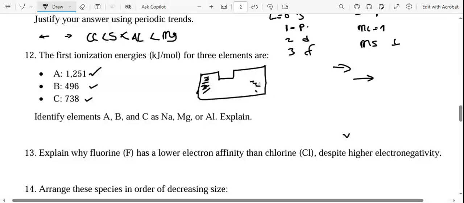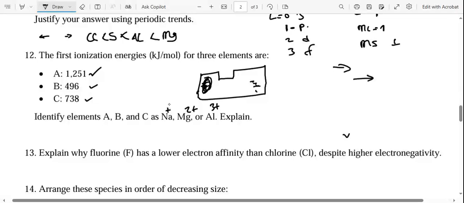This side is lacking electrons, but these side ones need an element of group 1. So the way we tackle this: if you check on the periodic table, aluminium is giving +3, then magnesium is giving +2, then sodium is giving +1. You have seen. So this is how we'll be identifying them.